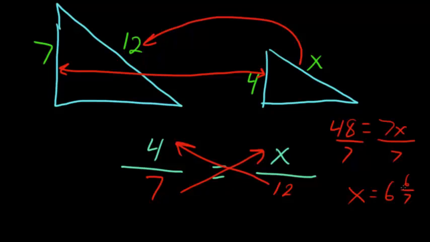I know you guys are thinking, oh, fractions. Don't be haters. Fractions are numbers too. All right, so there's our answer. Now, this can actually look a whole bunch of different ways in order for us to solve these things. But for right now, almost all of them are going to be based off the whole idea of corresponding sides. One of the tougher parts will actually be to figure out which side is corresponding to another side.